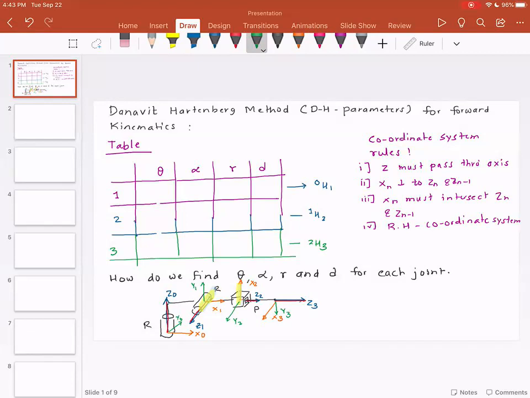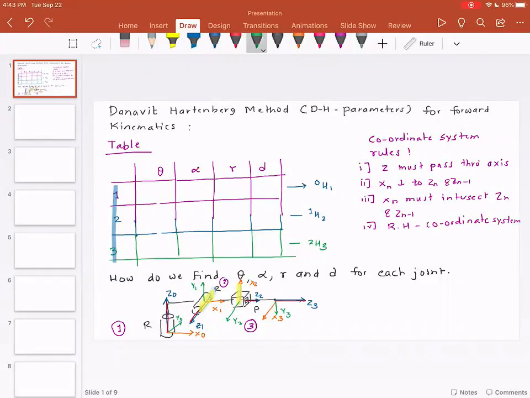Now, when we are trying to find out the Denavit-Hartenberg coordinate system, I want you to notice the number of joints. This is my first joint, this is my second joint, and this is my third joint. So this Denavit-Hartenberg table has 3 rows.